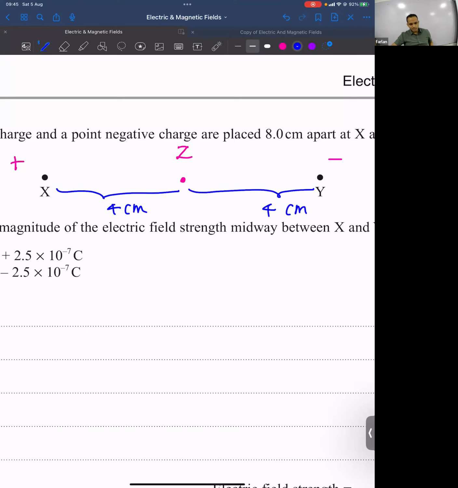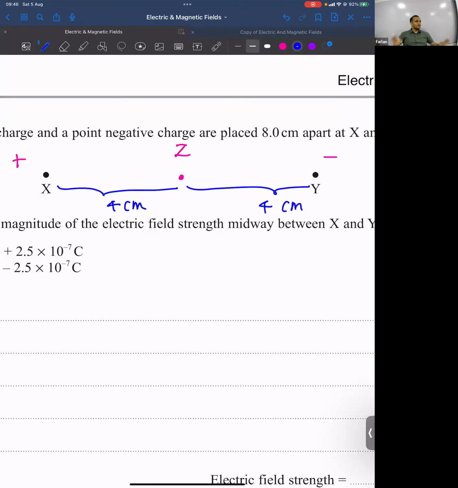Now use your common sense and tell me. There are 2 point charges, X and Y. First think about the definition of electric field strength. The force acting per unit positive charge. Now guys, forget about Y for a moment.